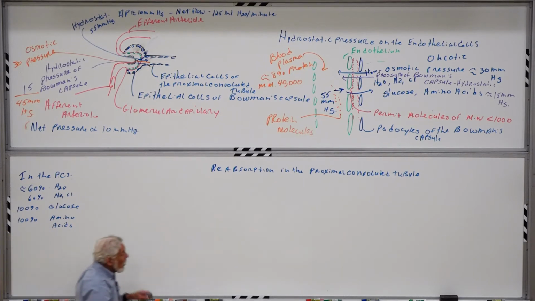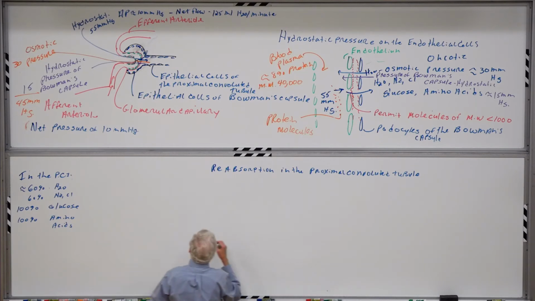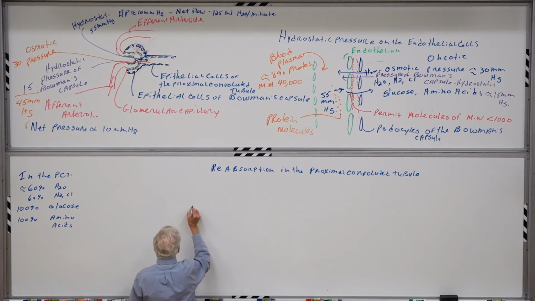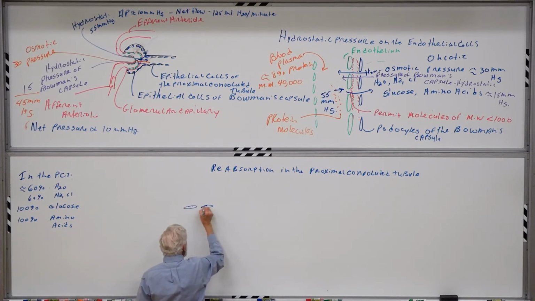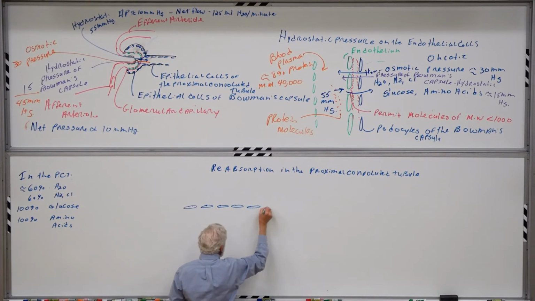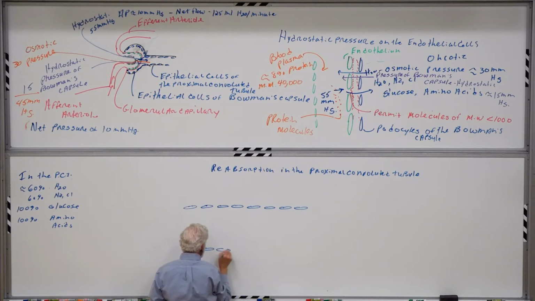So what we're going to do now is think about what's going on over here in the proximal convoluted tubule. And I'll lay this out much as we have on the right side for Bowman's capsule. But now I want to imagine here that we have this series of epithelial cells.